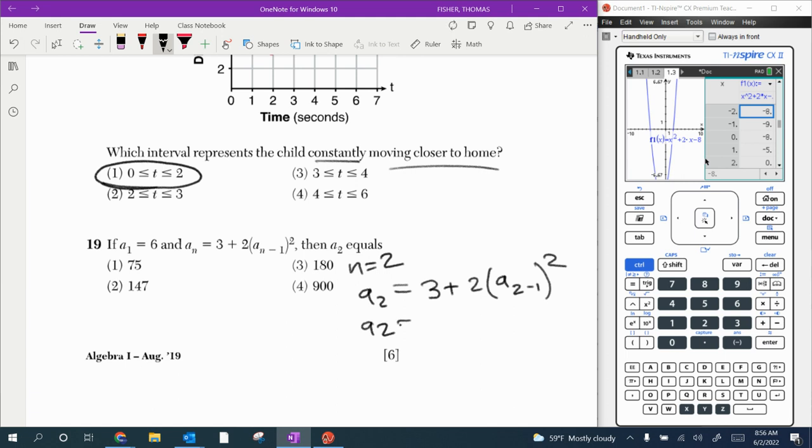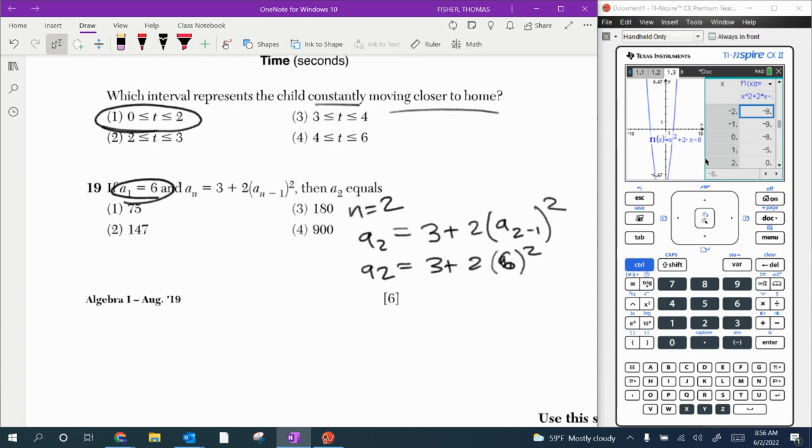So A2 would equal 3 plus 2 times A1 squared. And we know A1 is just 6 because it says A1 is 6. So it's 3 plus 2 times 6 squared, which is 3 plus 2 times 36, which is 3 plus 72, which is 75. Choice 1.